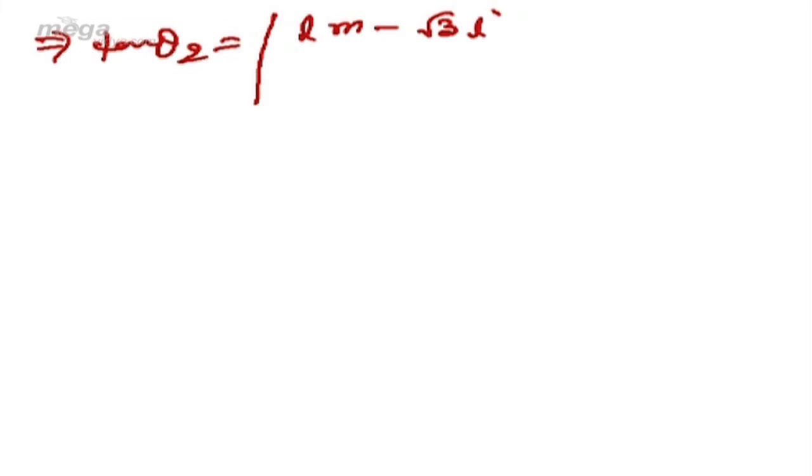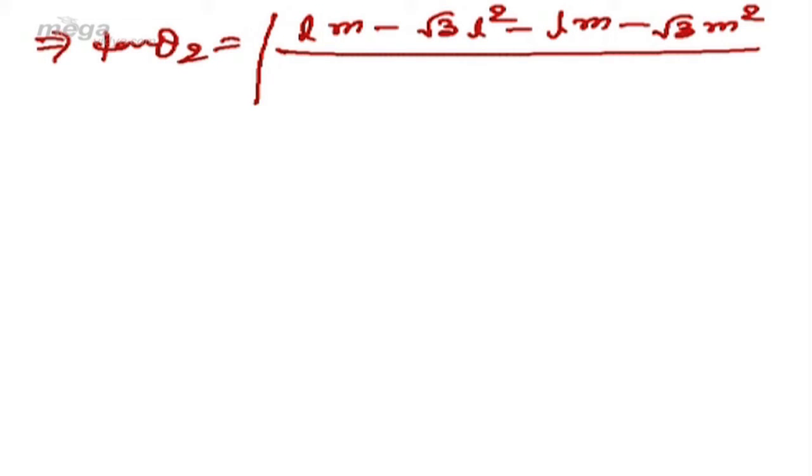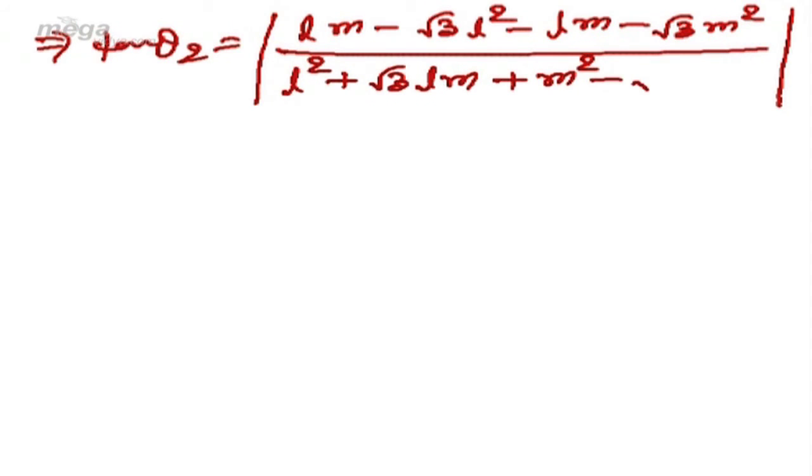Now we will simplify it. Tan theta 2 is equal to Lm minus root 3 L square minus Lm minus root 3 M square upon L square plus root 3 Lm plus M square minus root 3 Lm, and hence you get again root 3 Lm cancel, Lm cancel.